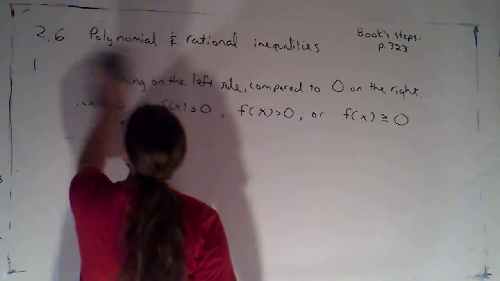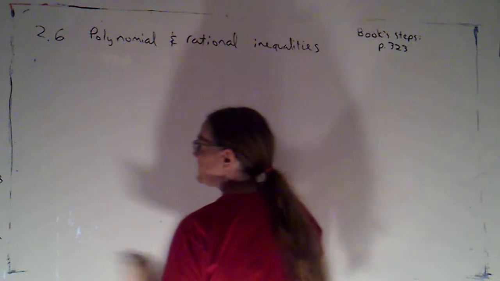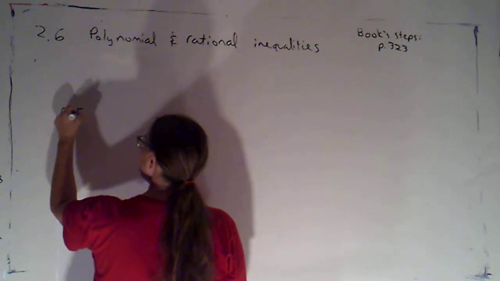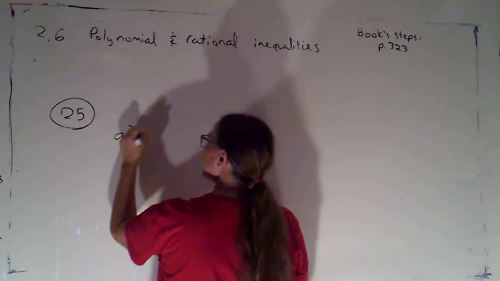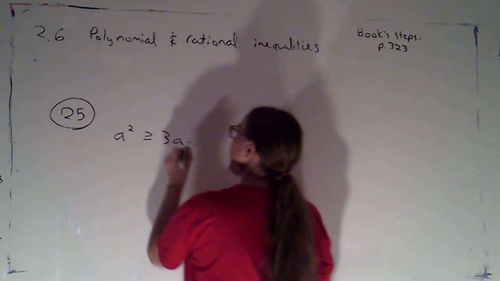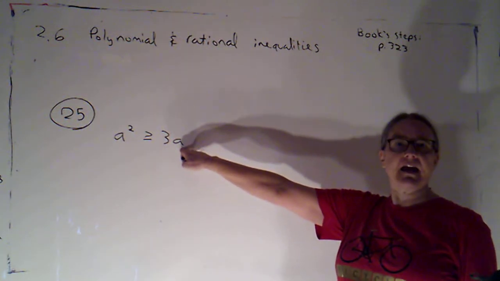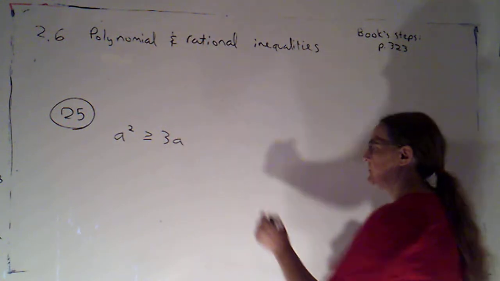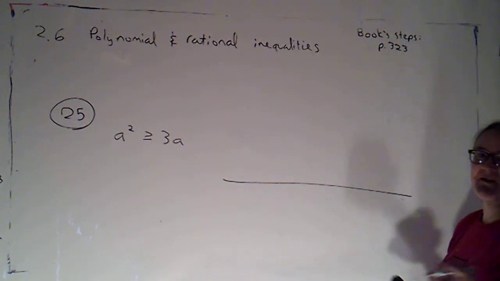So I'm going to have you folks try a problem. And again, I picked a number from the homework. So this is number 25 from the homework, and it is one of the assigned problems. It's a squared bigger than or equal to 3a. Now here the variable that they're using is a instead of x. Totally fine. When you draw a number line, instead of it being the x-axis, it's going to be the a-axis.